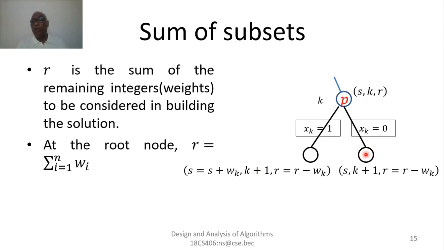At the node defined by xk equal to 0, S remains the same because you are not including wk in the solution. And R becomes R minus wk because you are excluding wk, it's no more being considered. So the sum of the remaining weights gets decremented by wk, and of course the level will be incremented to k plus 1.